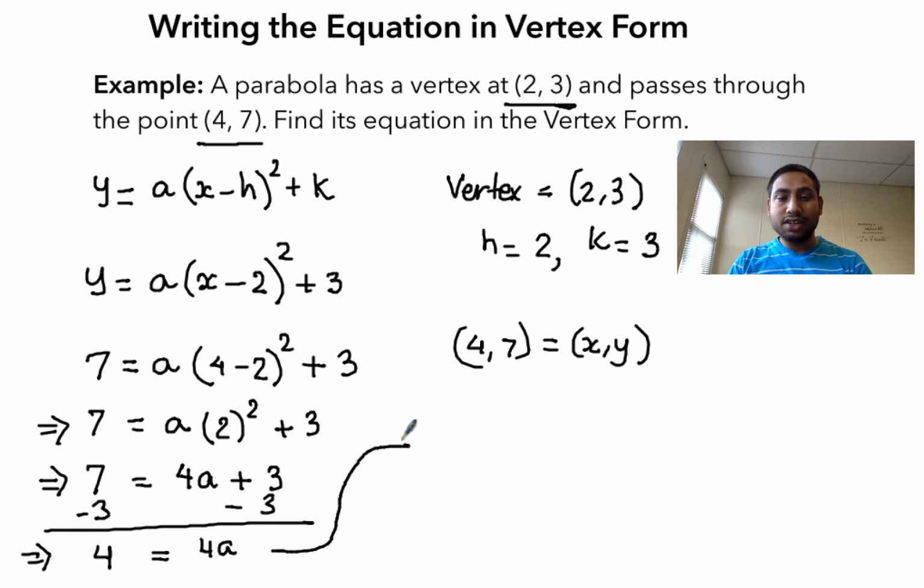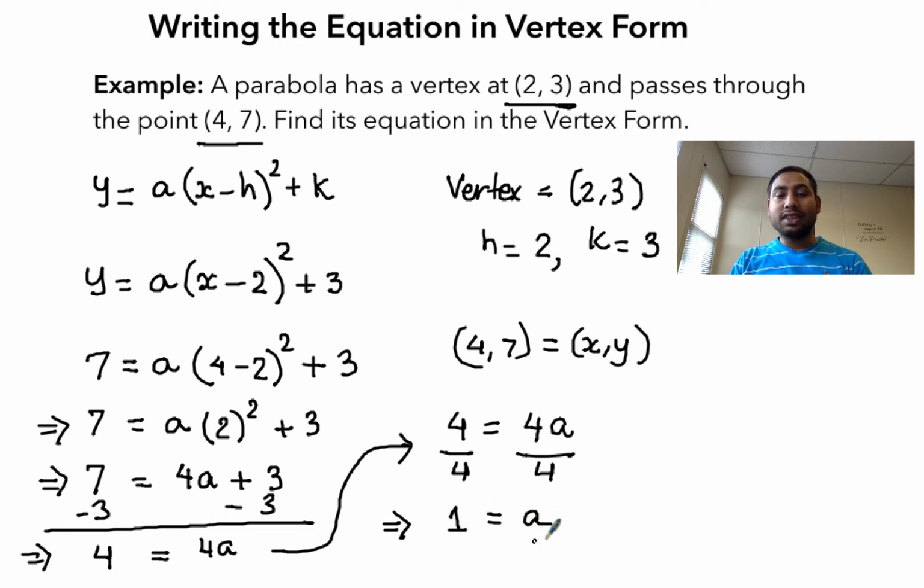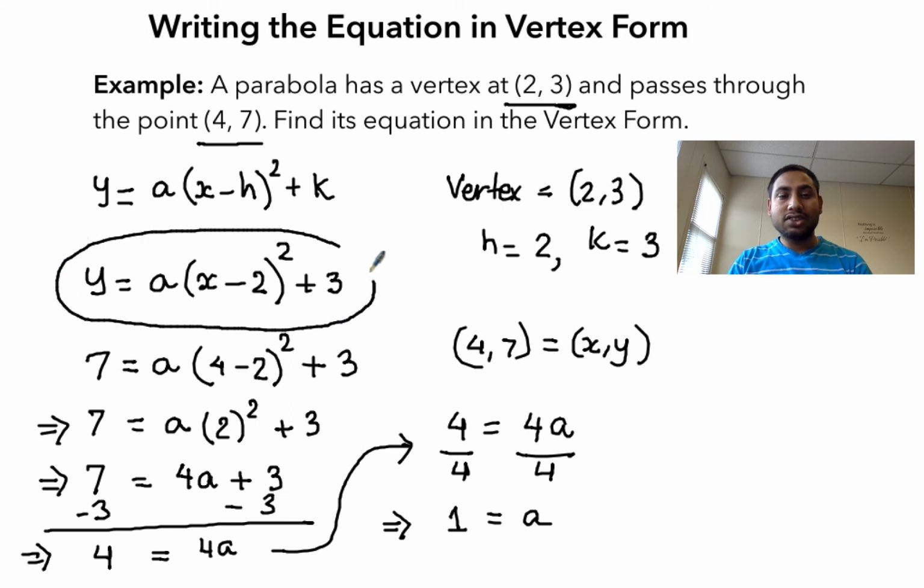Let's continue here. 4 equals 4a, we can divide both sides by 4 to get the a by itself, which will give us 1 on the left side. 4 divided by 4 is 1, equals a. So now that we have the value of a, we can go ahead and write the equation of the parabola. You just gotta substitute the value of a.